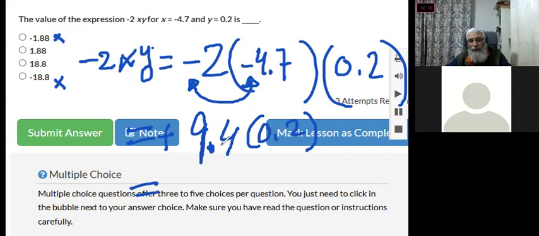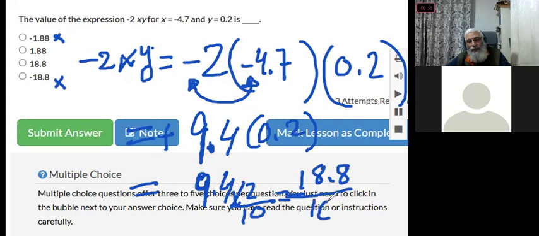We don't multiply by 2. This is 0.2. So you multiply by 2 and then divide by 10. This is the meaning of 0.2. If you multiply this by 2, you get 18.8, but you need to divide by 10. So 18.8 is not correct, because after this you divide by 10. The result will be 1.88. Positive. Why positive? Because negative multiplied by negative is positive.